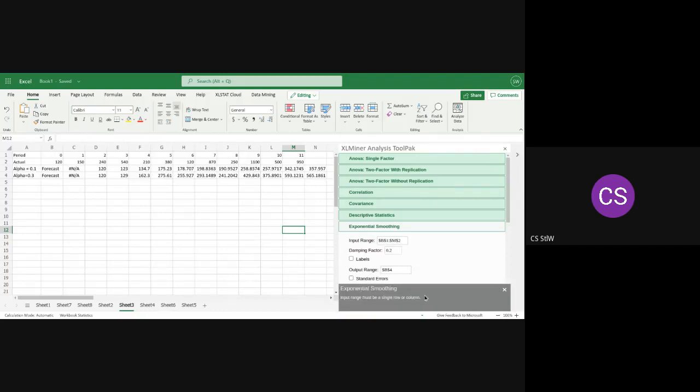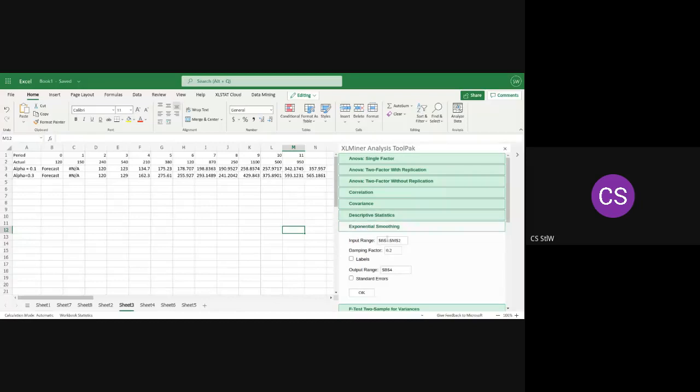So you can see the input range must be a single row or column. This is after I have tried inputting B1. I was trying to input B2.